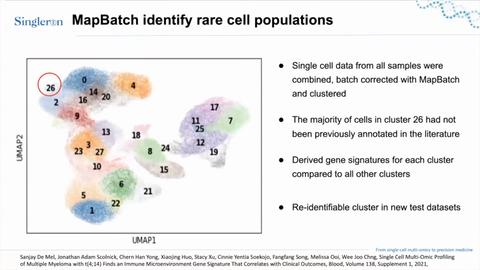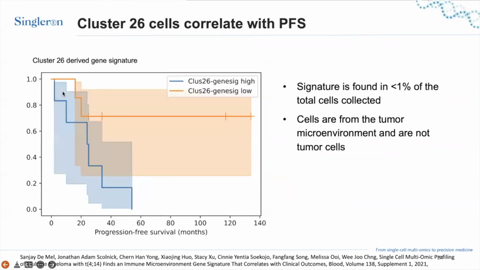I don't think I have the time to go through the use case. It's just to let you know that this is a real study on real patients using this MapBatch tool. It found cluster 26, and more details can be found in Dr. Yung's poster published earlier last year.